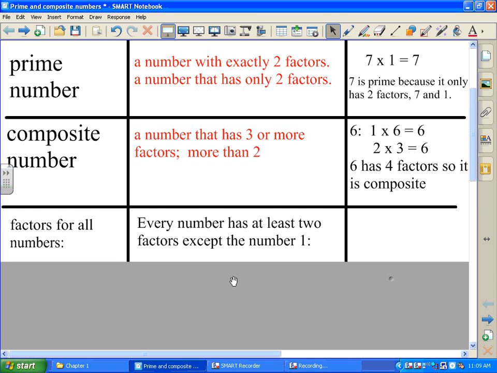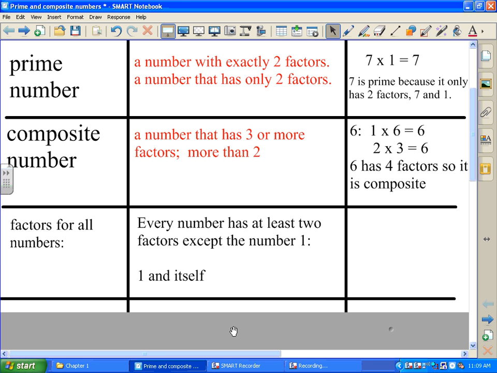Now, here is some important information you want to write down. Factors for all numbers. Every number has at least 2 factors except for the number 1.